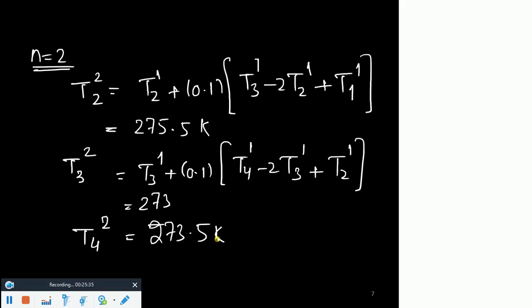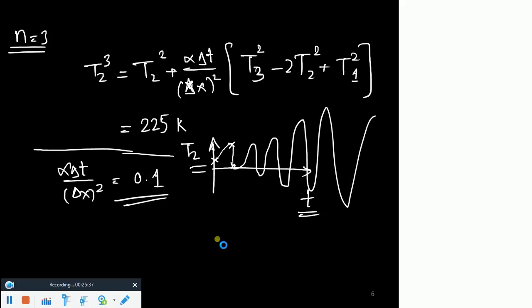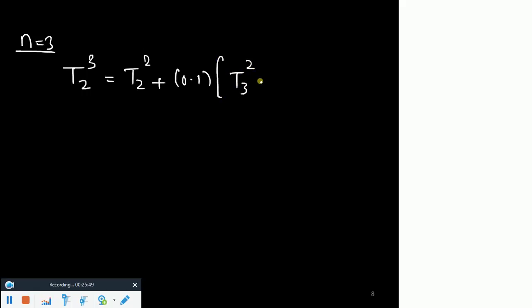You understand that? Okay, for clarity, let's find out the temperature at n equals 3. Just find out the temperature at T2 comma 3. So this should be T2 comma 2 plus 0.1 times T3 comma 2 minus 2T2 comma 2 plus T1 comma 2. What is the value?